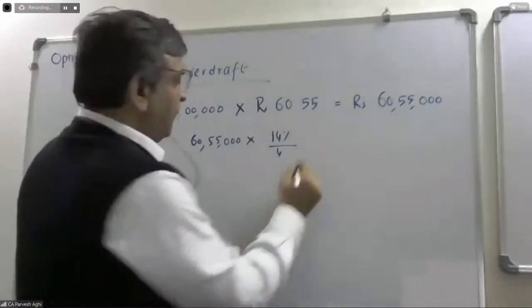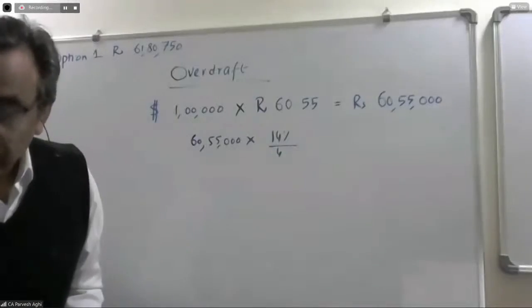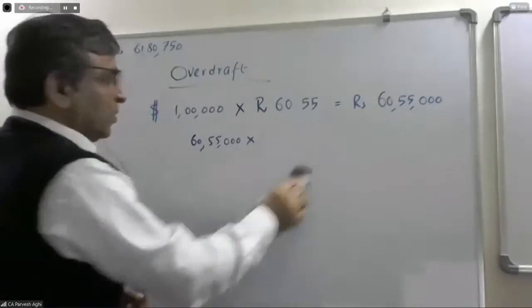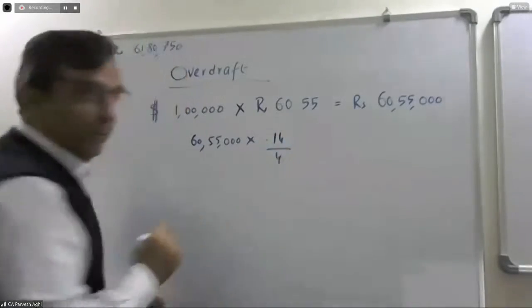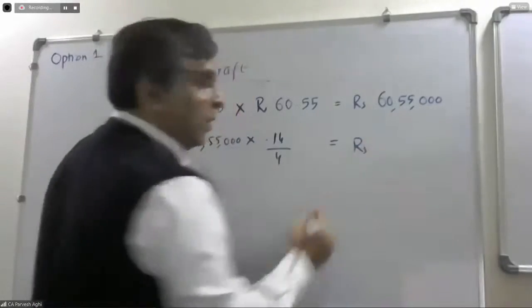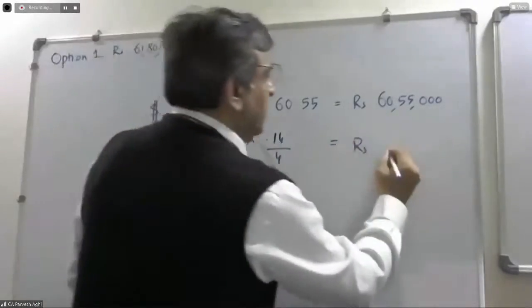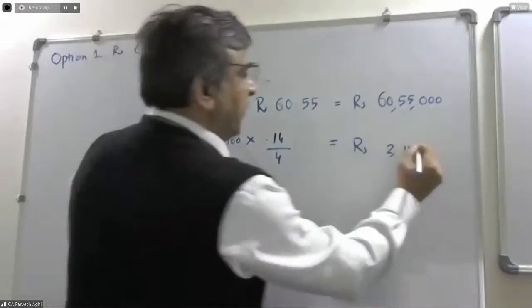So 0.14 divided by 4, which is rupees 2,11,925.